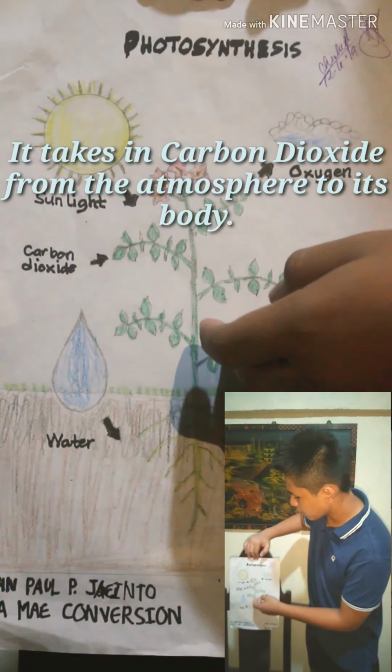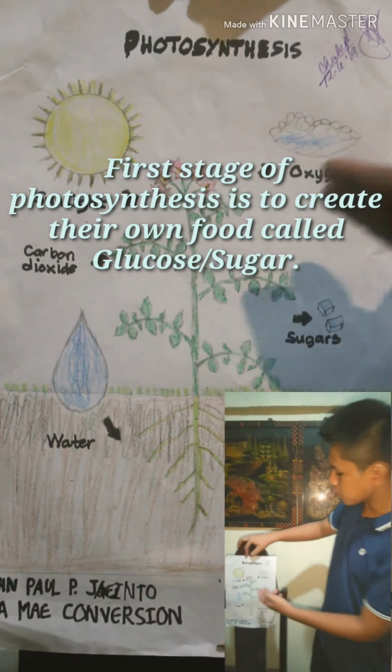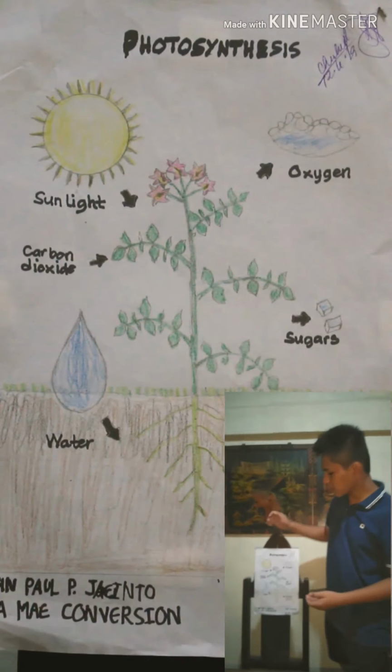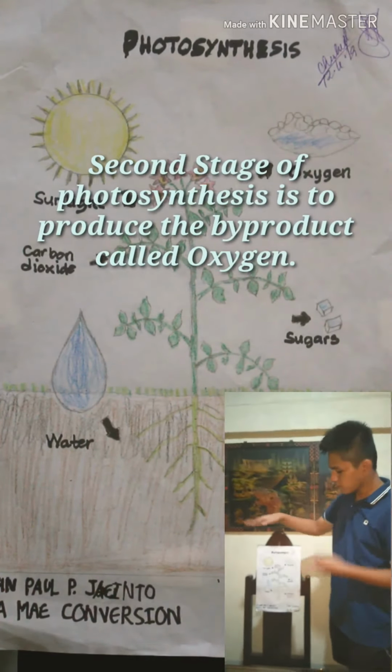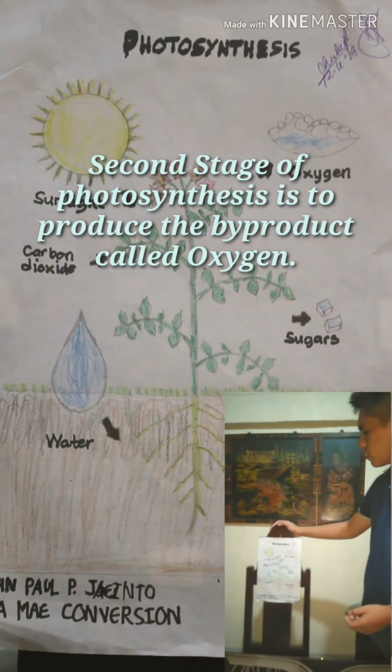After that, the first process of photosynthesis is to make their own food, the sugar, as we usually know it, but we call it glucose in the science way. The second process is the byproduct of photosynthesis, the oxygen. So this is all we can talk about.